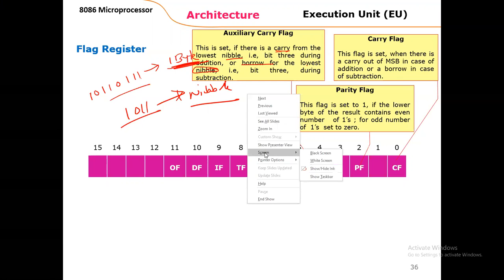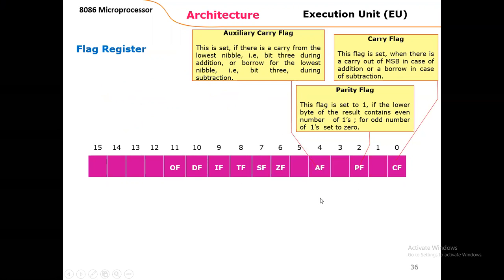All are clear? Nibble means, you know that 8 bit is equal to 1 byte.